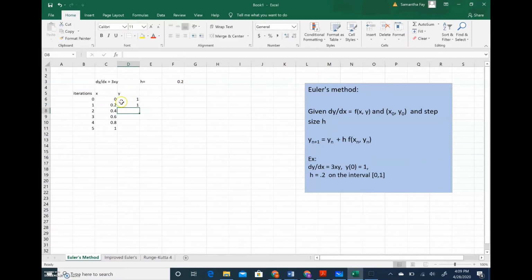It didn't change much, and that was because of the x equals 0. But if I take this and pull it down, we will get my approximations over that entire interval.